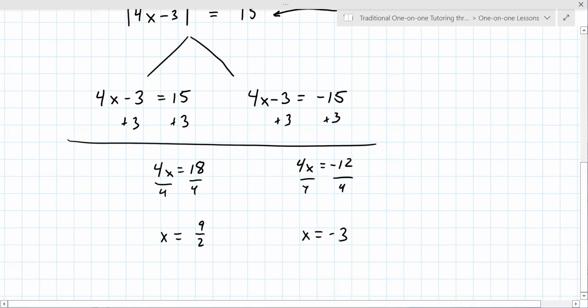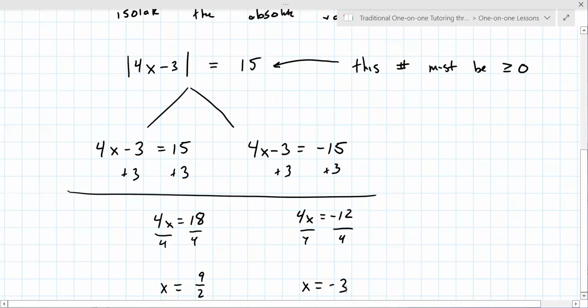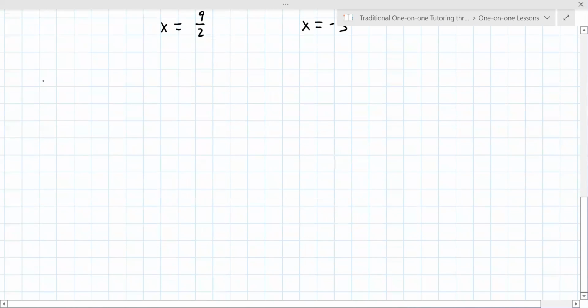All right, so let me just have you try. This is the key step here. Again, just as a reminder, you set whatever's inside the absolute value equal to the number, and then equal to the negative of the number. Okay, so let me have you try solving one here.